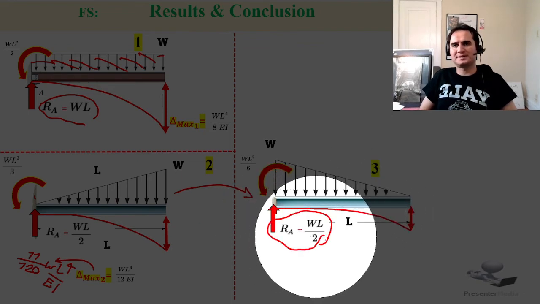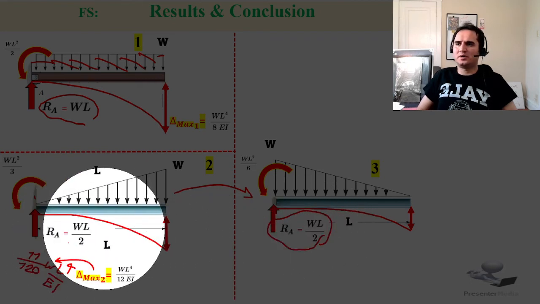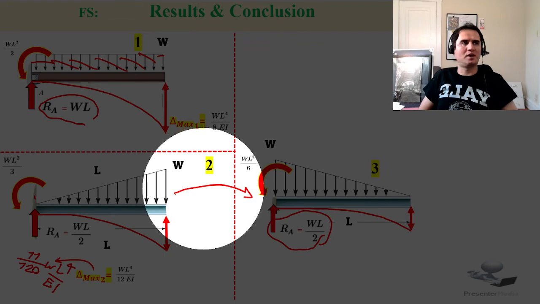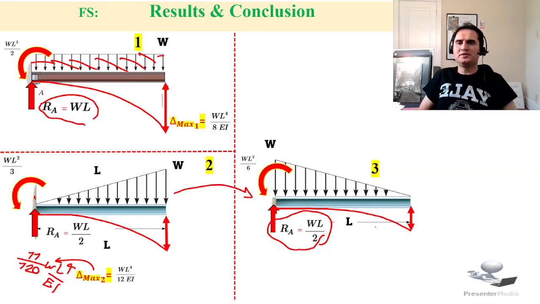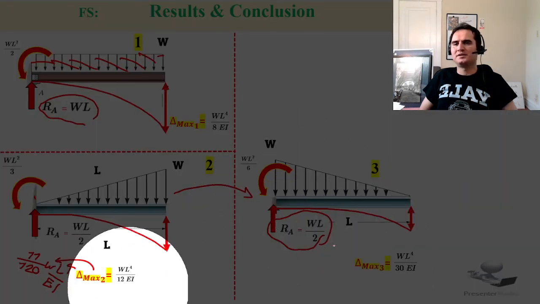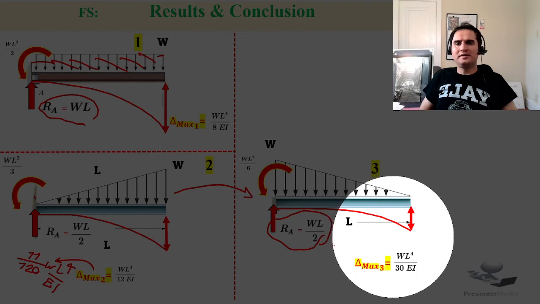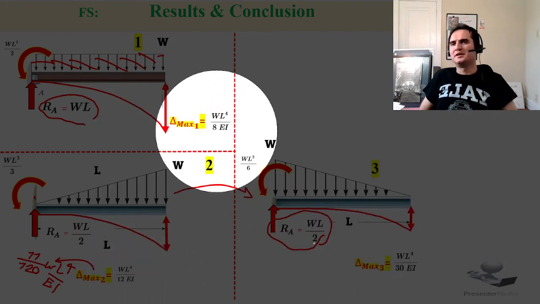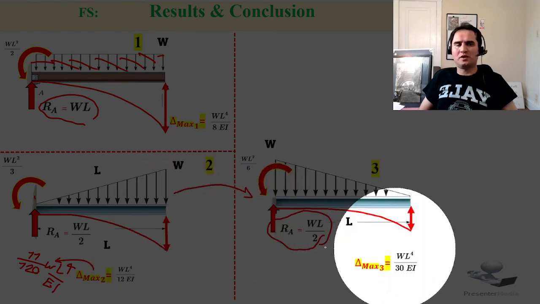RA remains the same because the total area under the load is half of WL. But delta maximum in this case goes to almost 1/3 of case 2. So it goes from 1/8 to 1/12 to 1/30.